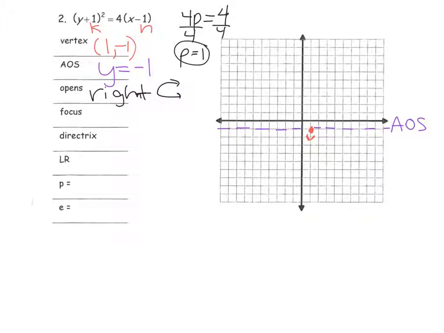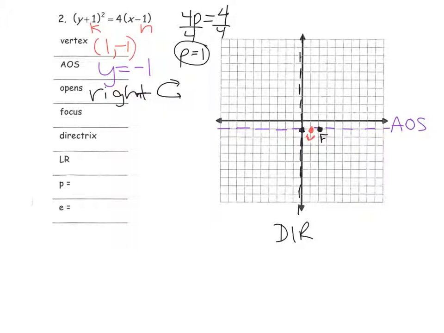So now, p is 1, so I'm going to count 1 to the right, 1 to the left. One of those is the focus, one's the directrix. Well, since it opens to the right, the point to the right is the focus, and then I'm going to dash the one to the left, and just right underneath that, that's my directrix.